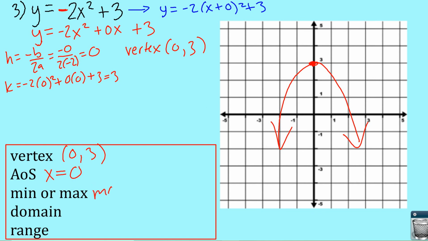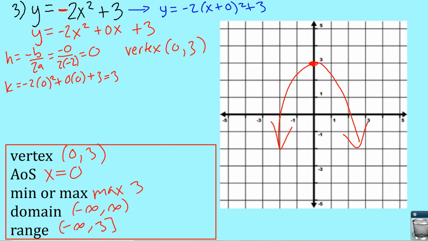I know it's going to have a maximum at 3. The domain is going to be all reals. And my range is going to cap off at 3, so negative infinity to 3. Okay, so I just did the graph here just so I could visually see that it was a maximum.